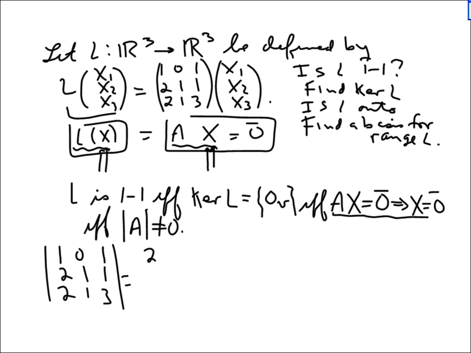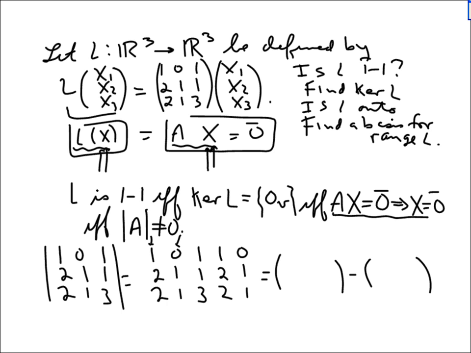Since it's just 3 by 3, I write down the matrix, and then for the fourth column, I put the first column. For the fifth column, I put the second column. And then spaghetti. 2 plus 1, oops, I am doing that backwards.